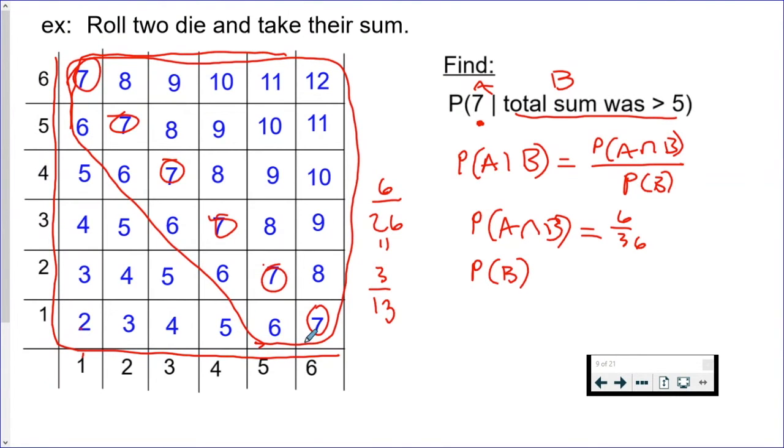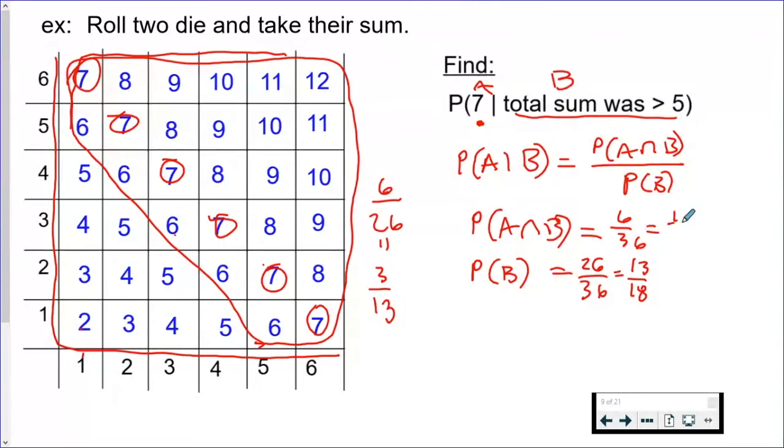We counted that and we got 26. So the probability of getting something bigger than 5 is 26 out of how much total? 36. So out of 36, 26 of them are greater than 5. That reduces to 13 over 18. So what does 6 over 36 reduce to? 1 over 6.